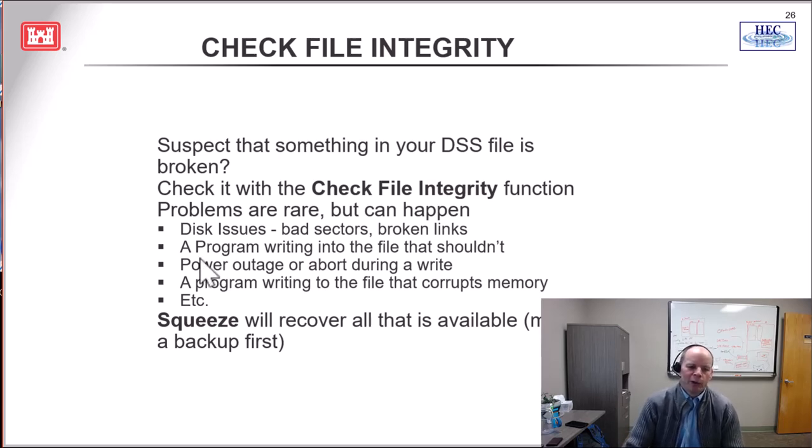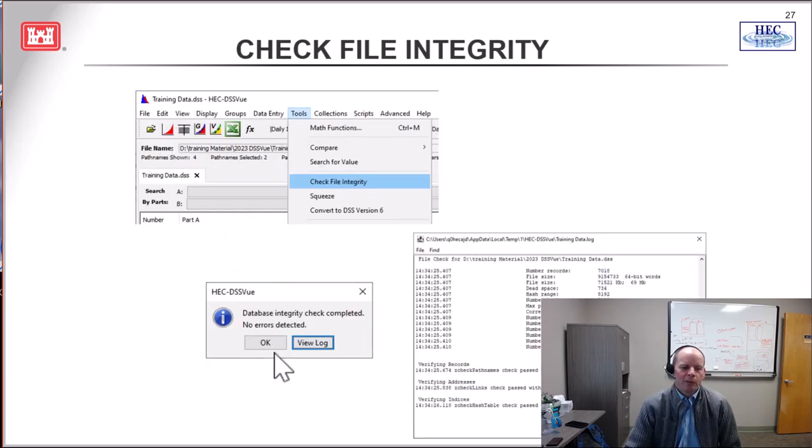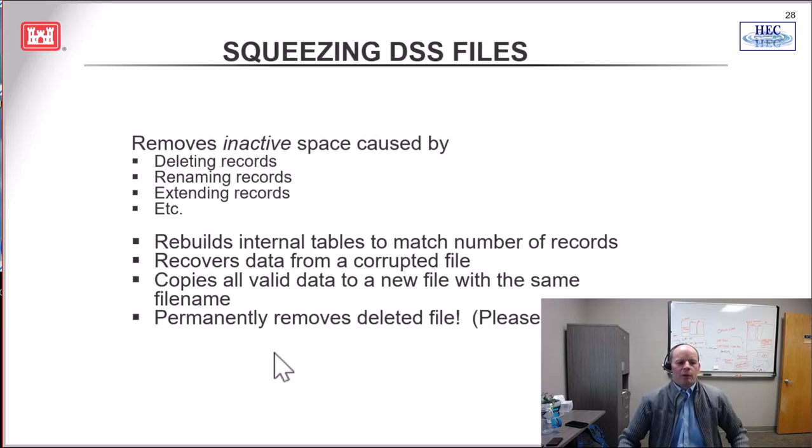Now if we did have an error, we have a squeeze function that we can use, and squeeze can also be used beyond errors, but it's a way to scan through the whole file and rebuild it from scratch. When you work with a DSS file, over time you may have some records you deleted, and you noticed in a previous workshop there was an undelete command, or maybe there's something corrupted.